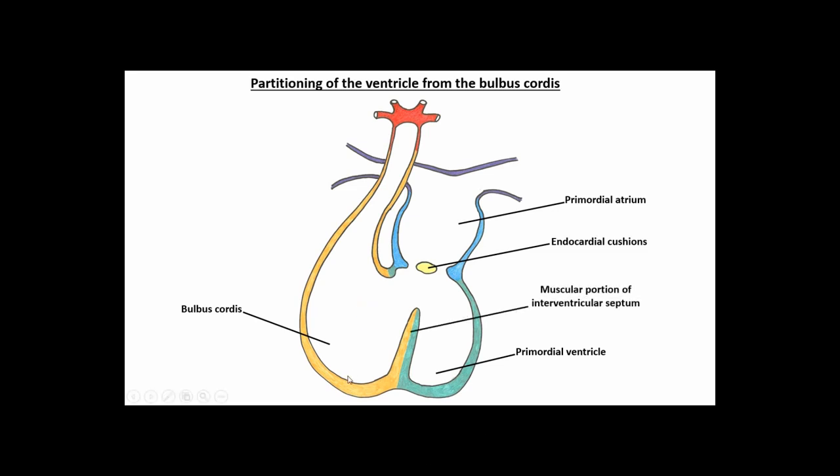So in between the primordial ventricle and bulbous cordus, we've got the muscular portion of the interventricular septum. It enlarges and expands superiorly towards the endocardial cushions. But the important thing to know here is that it doesn't quite reach. It doesn't quite finish the job. It gets most of the way there, but a downgrowth from the endocardial cushions will actually complete the job and create a complete interventricular septum.